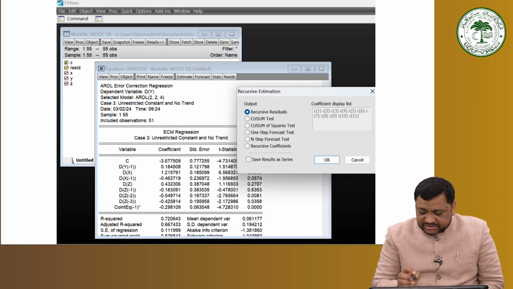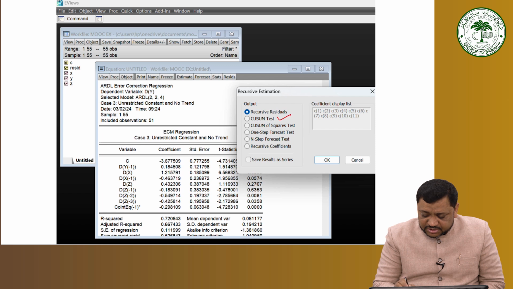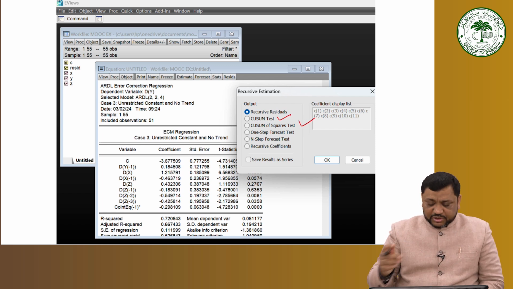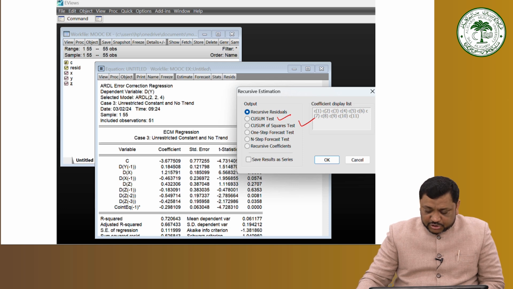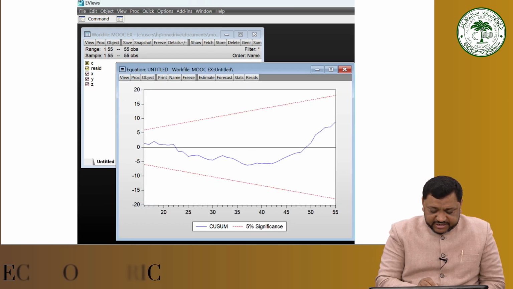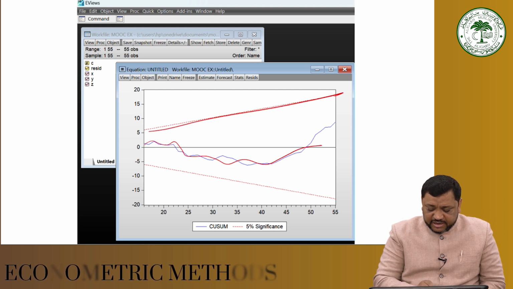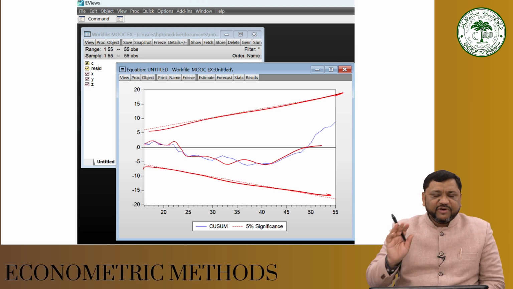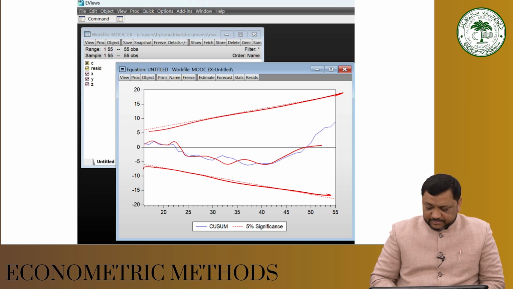When we go to recursive estimates, there are two options, the CUSUM test and the CUSUM of squares test. We will do each one of them one by one. So first we do this CUSUM test. Upon doing the CUSUM test, see, this blue line is falling in between these two lines.